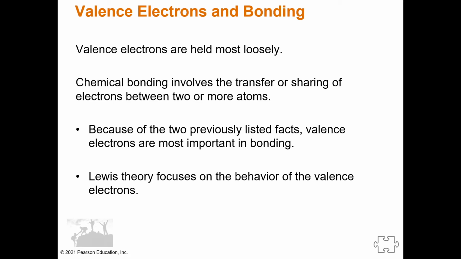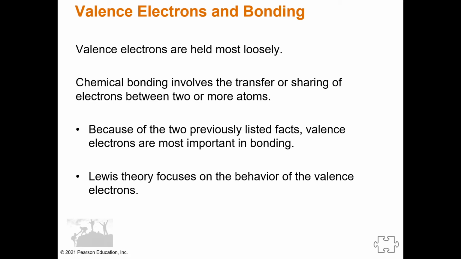In this chapter, valence electrons are more important than core electrons, because it's the valence electrons that are doing the bonding. So if you think back to previous chapters, there are two ways for you to figure out how many valence electrons an atom would have.